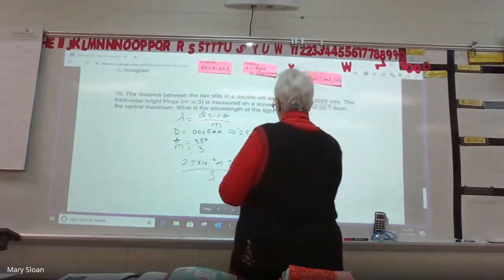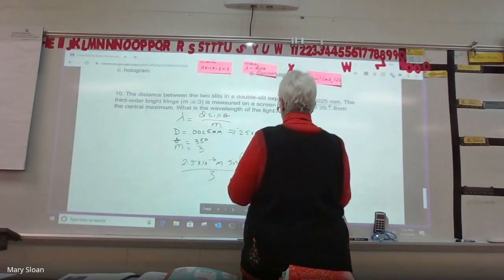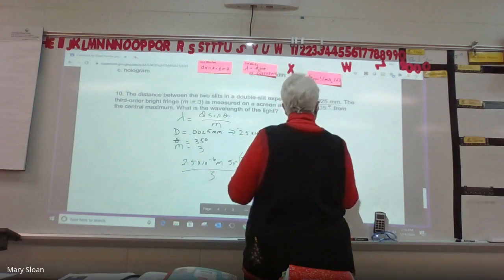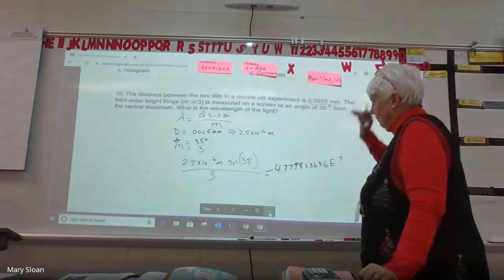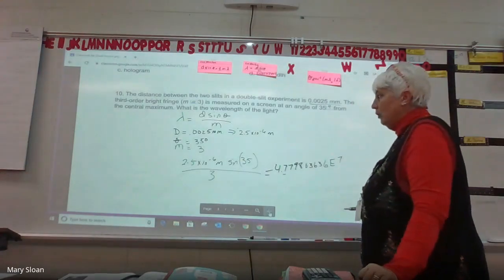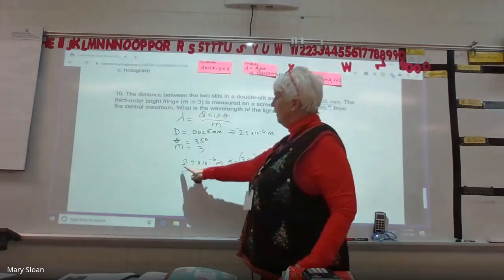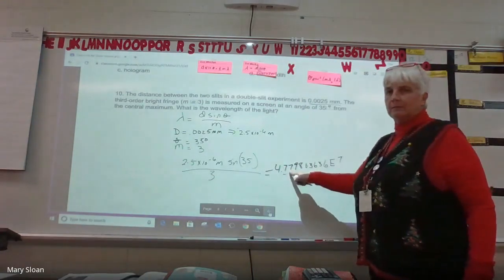I got 4.7 times 10 to the negative 7. Yep, I got 4.7798036336 E7. So let's ask you a question. If that 7 is where we're going to round to, based on sig fig, because that's 2, why are you keeping that a 7?